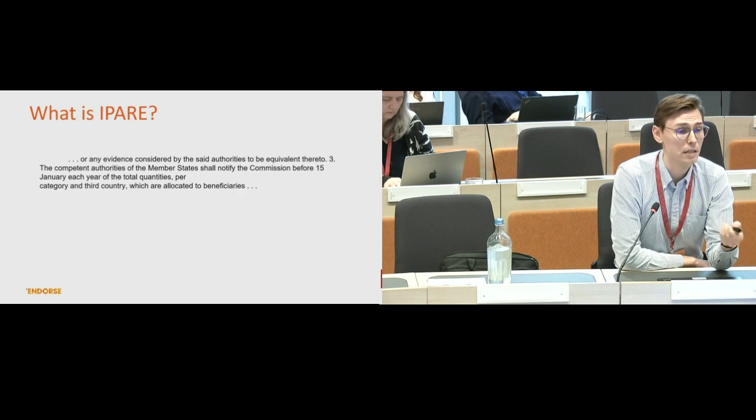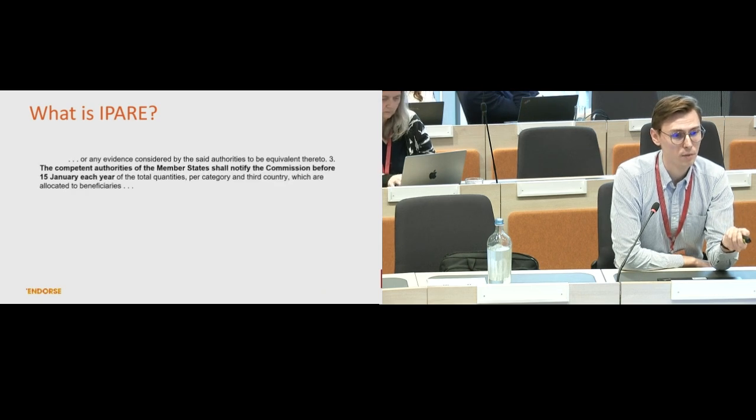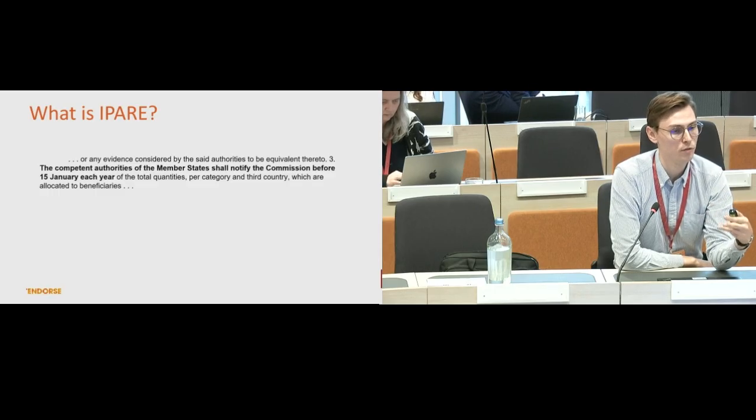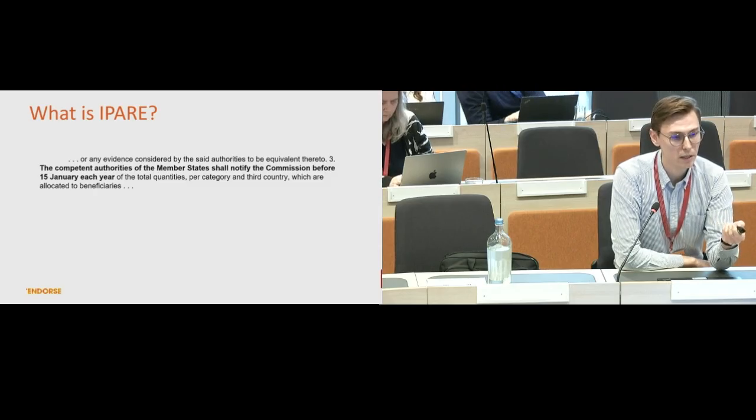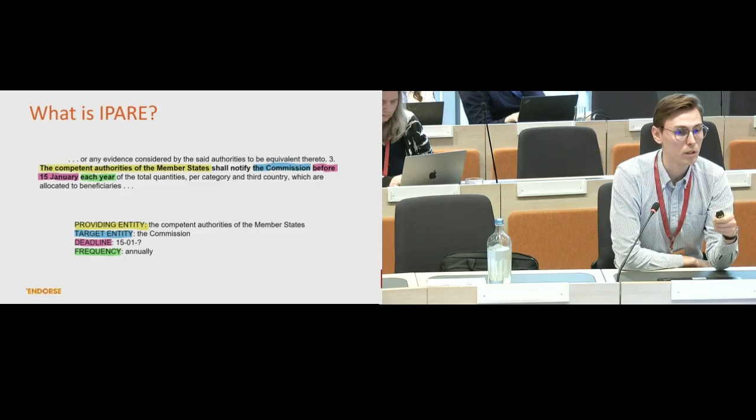So here you can see another text snippet from EU legislation. And so what we're really interested in here is first detecting the part of this text that mentions this information provision activity requirement, as you can see in bold in this slide. And we also want to extract some extra information about this activity.